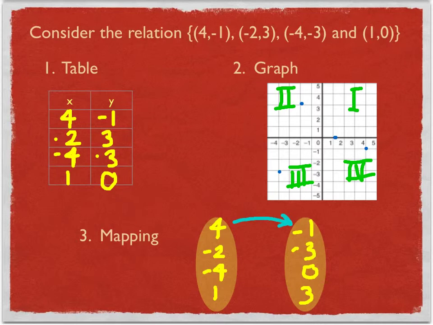That's kind of a good idea to keep in mind. -2 then should be matched up with +3, so that's down here. -4 is matched with -3 like that, and 1 is matched with 0 like this. So that's called a mapping. Pretty easy, but maybe a little bit of a new concept for you.